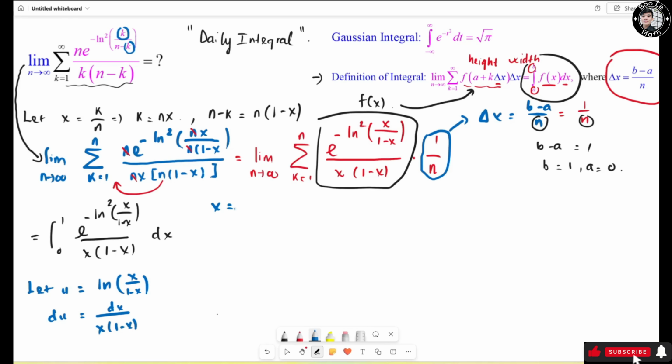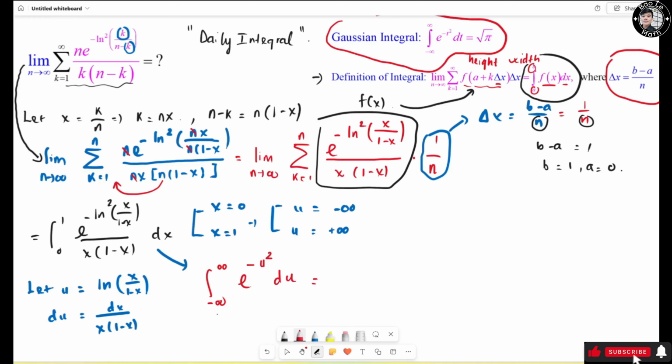When s equals 0 and s equals 1, then u becomes negative infinity and positive infinity, right? So this right here becomes the integral from negative infinity to positive infinity of e to the negative u squared du, and this is actually the Gaussian integral.